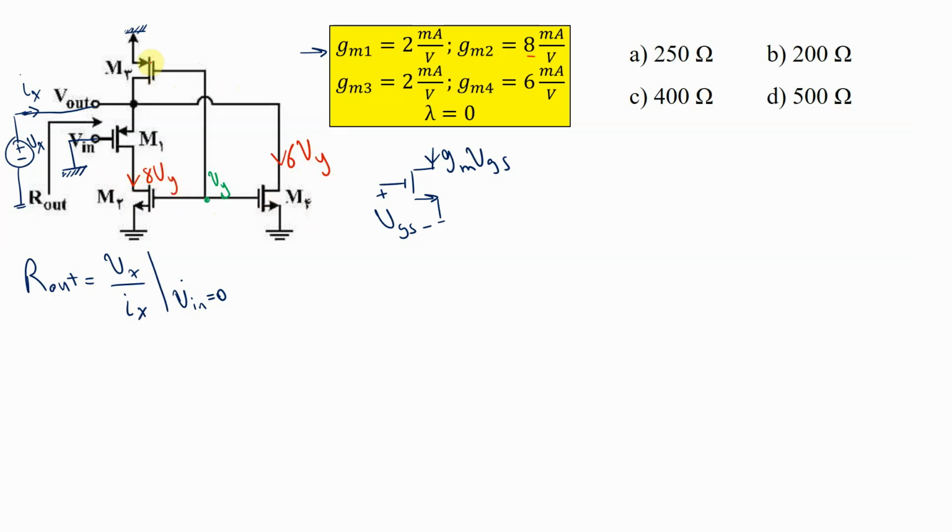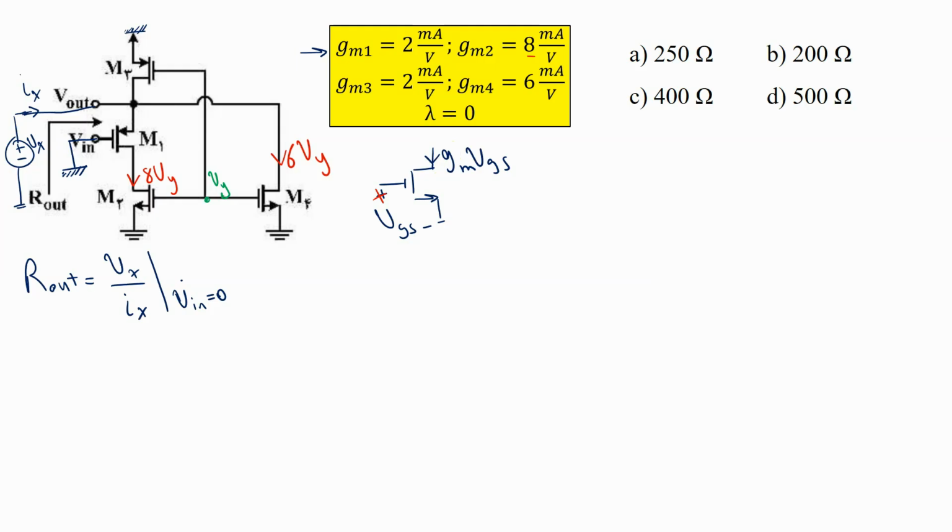And how about M3? M3 is a PMOS transistor, but nothing is changing here. When we talked about the small signal model, I told you this is important. If you take the plus sign on the gate, the direction of the gm VGS is going to be from drain to the source. I didn't say whether this is an NMOS or PMOS transistor.